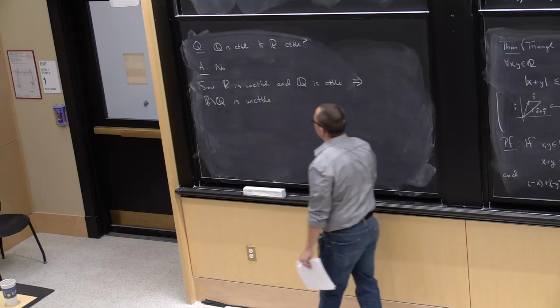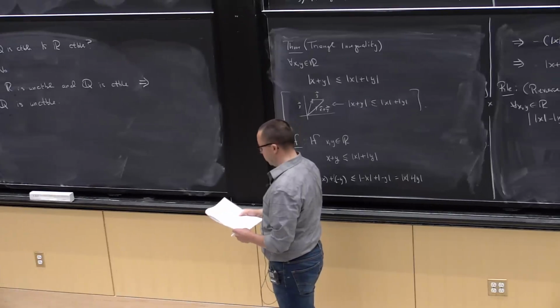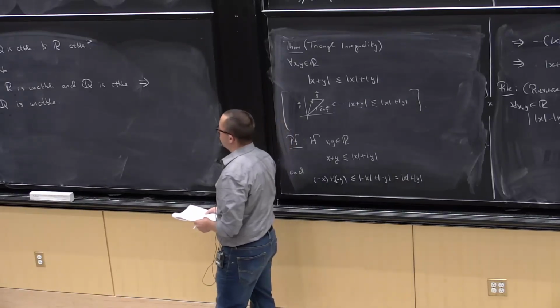Okay? Now, I haven't proved yet that R is uncountable. We'll do that in just a minute, and we'll use a theorem about decimal expansions or decimal representations of real numbers.